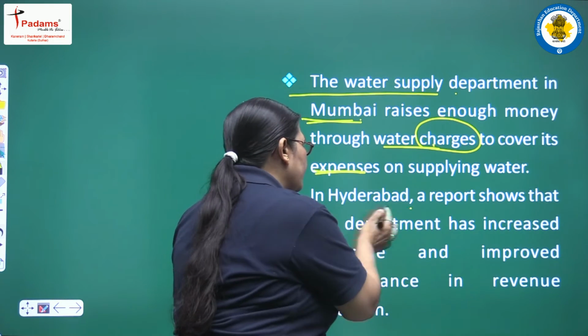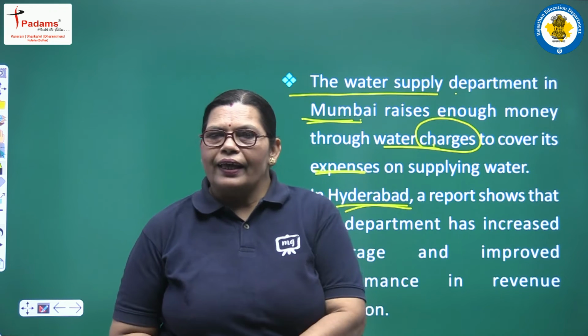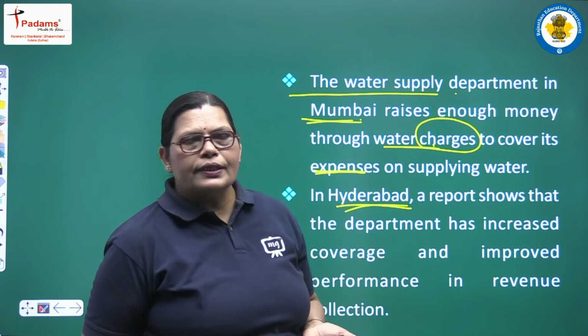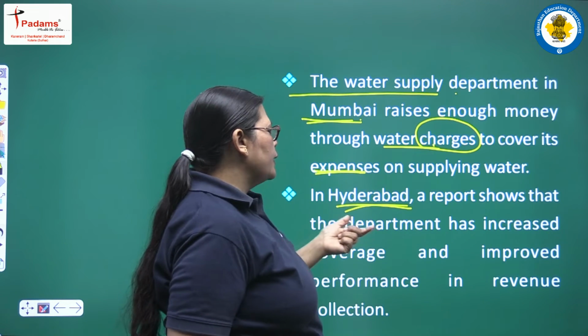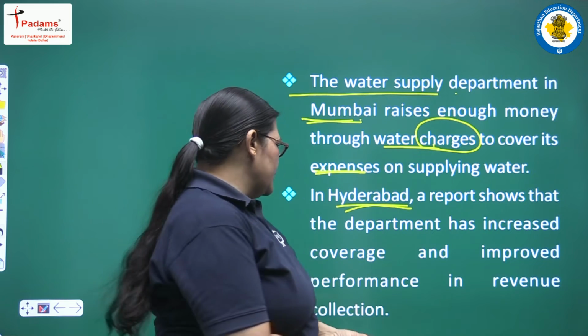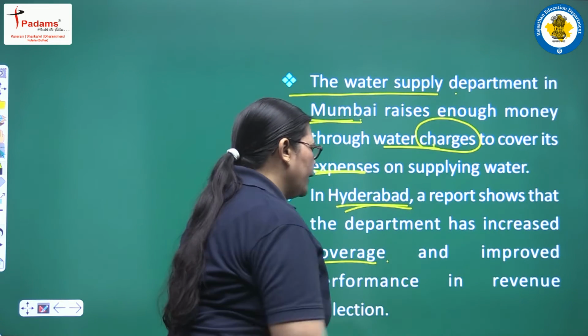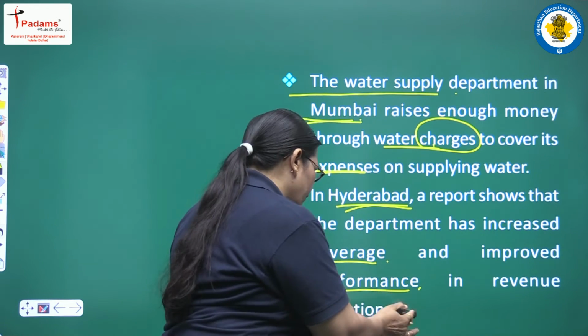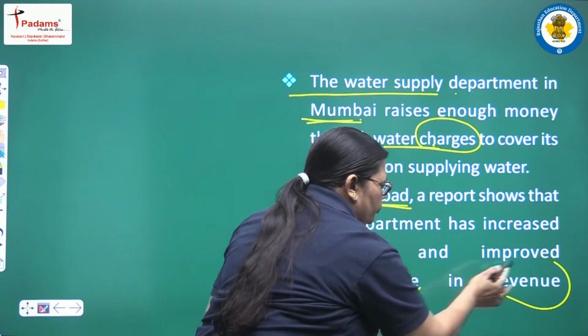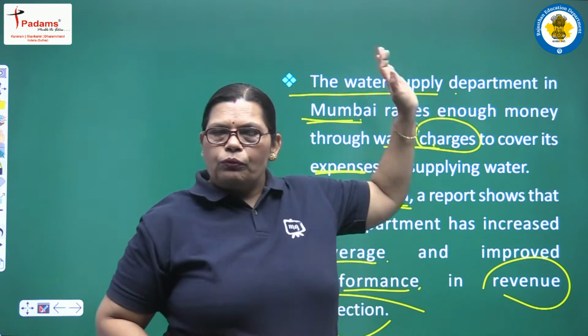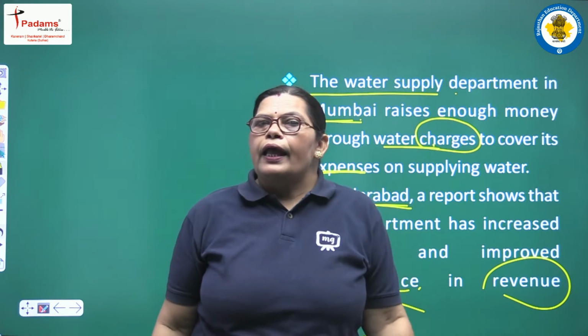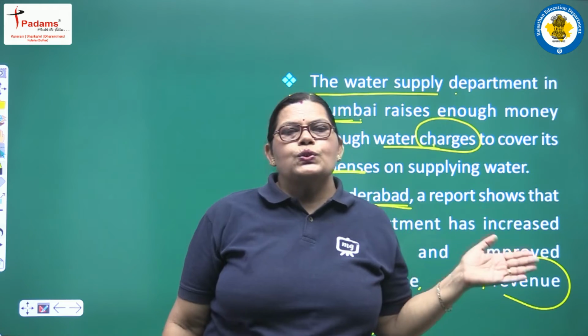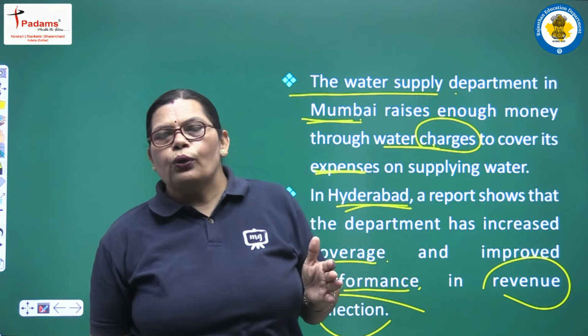In Hyderabad, a totally different situation is there. A report shows that the department has increased coverage and improved performance in revenue collection. See the conditions in Mumbai, see the conditions in Hyderabad. In these two cities, what's going on?